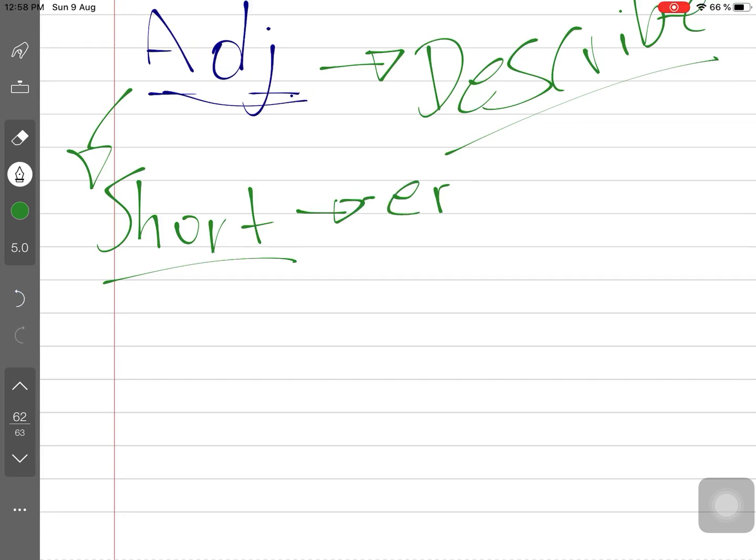So, one example. We are going to use the adjective small.